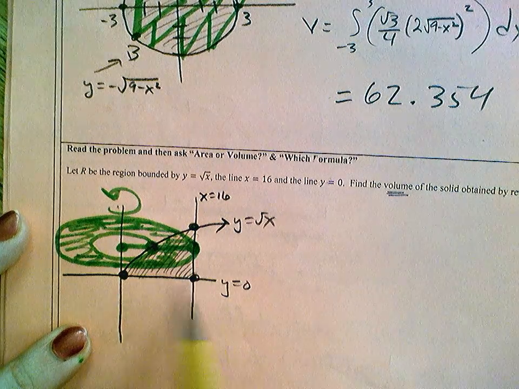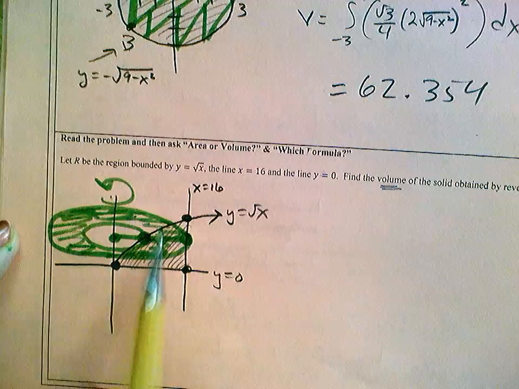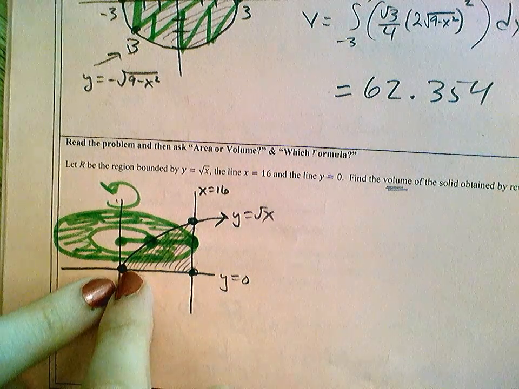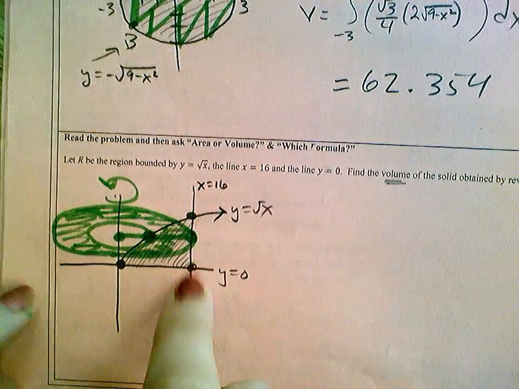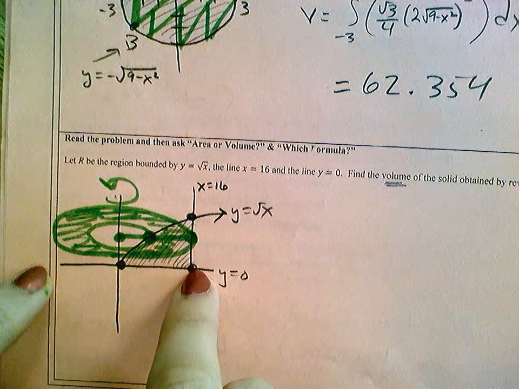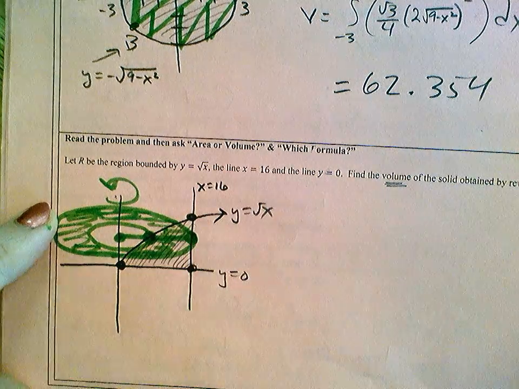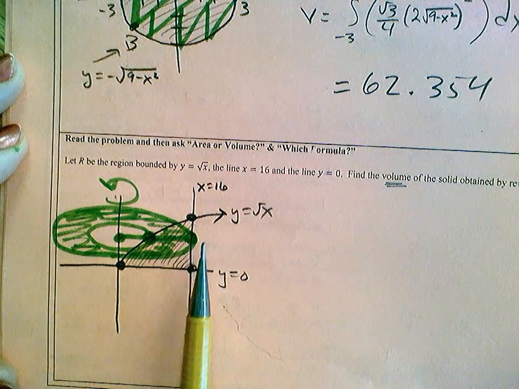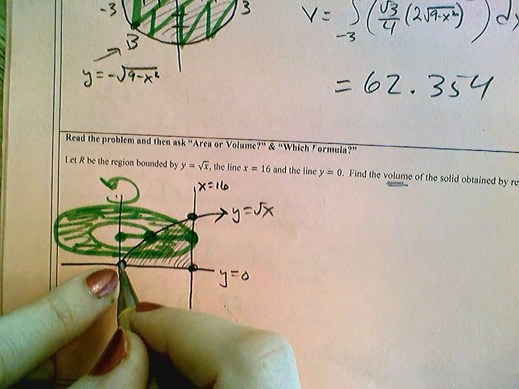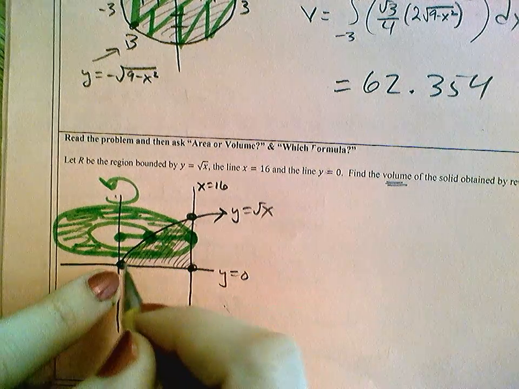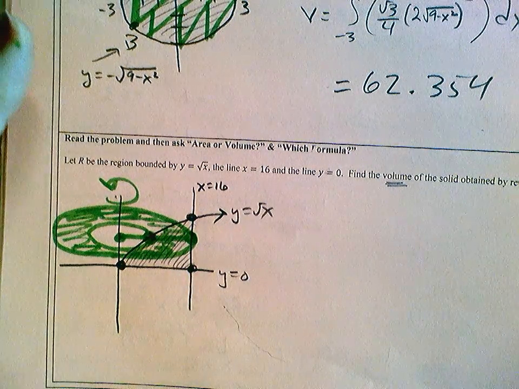Imagine this region reflected over here. You're going to have a weird bowl. It'll kind of look like a cylinder, but with empty space inside like a weird curved cone.